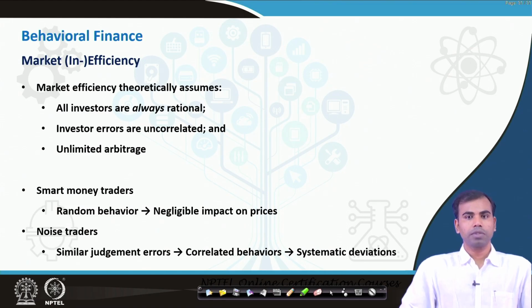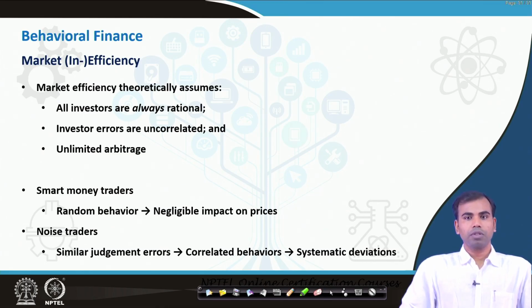This assumes that markets offer unlimited arbitrage opportunities to investors, and those with arbitrage opportunities can make superior returns and thereby beat the market in the long run.